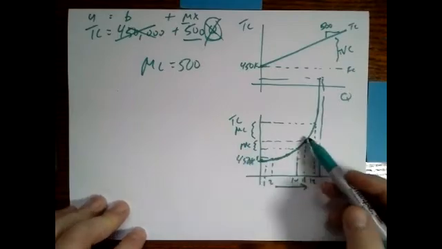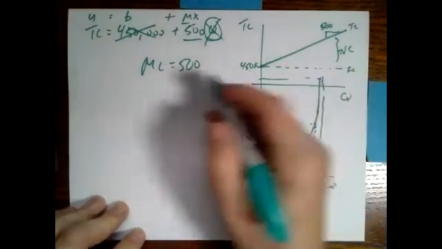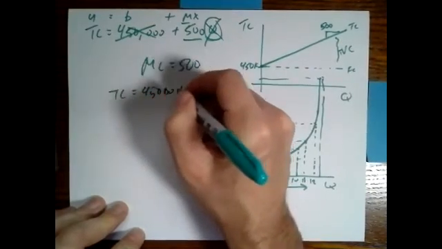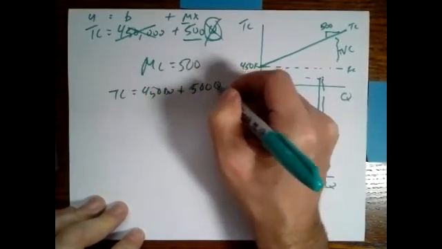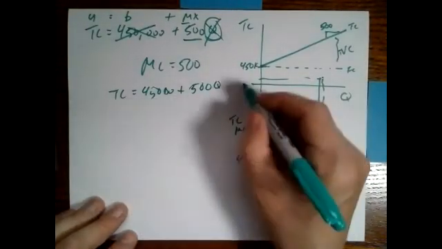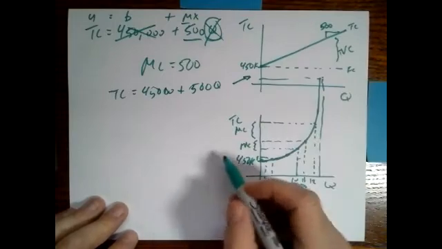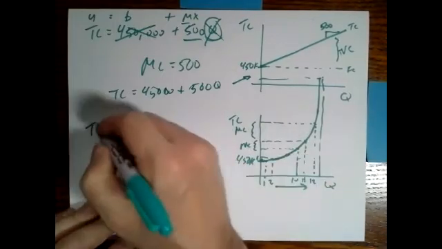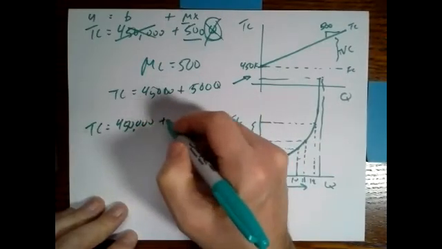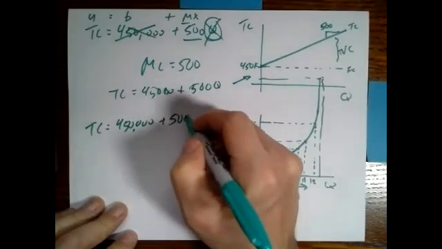Whereas this function had that nice neat 450,000 plus 500q, so that would have been the equation for that line, this line might have a very similar start to the equation, right?